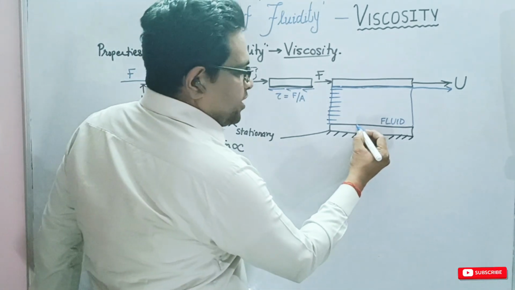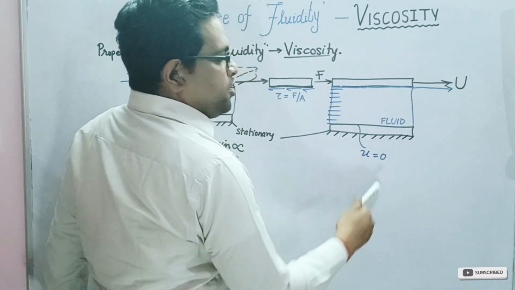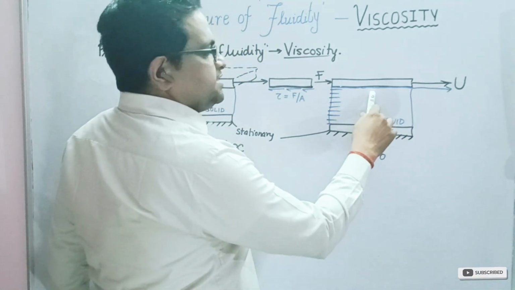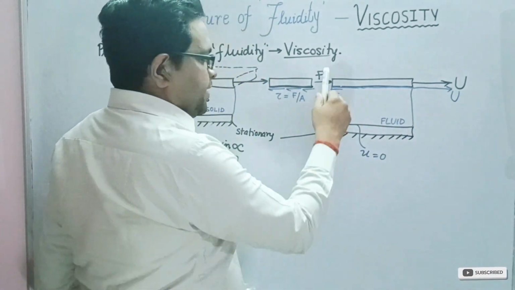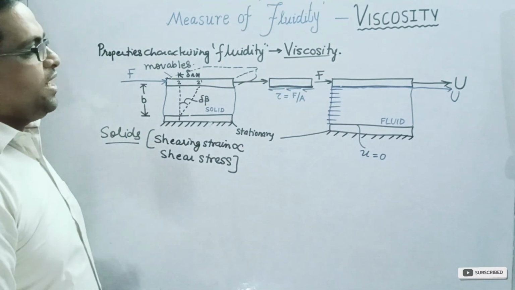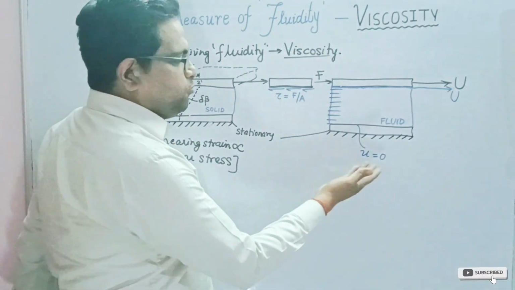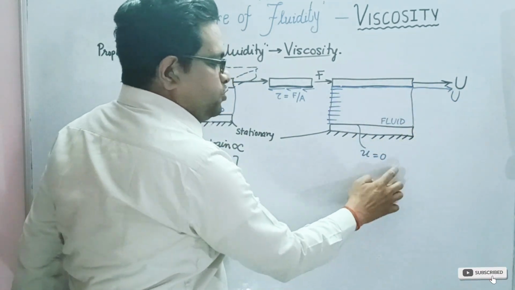So at the bottom we have velocity u equal to 0, whereas the topmost layer assumes velocity U. Along this perpendicular direction, the y direction, we get a velocity difference.